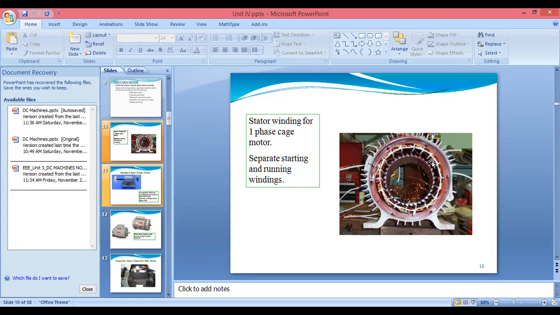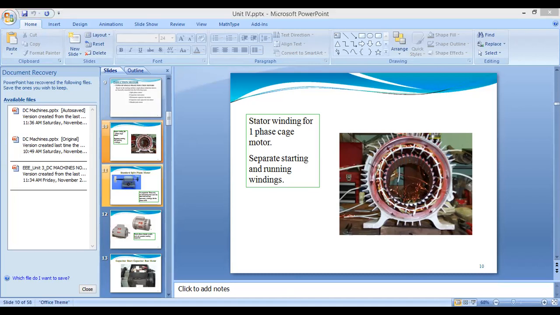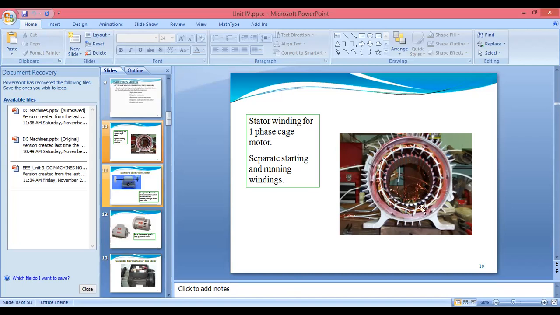About the stator frame, we can say it is the outermost covering of the AC machine. It acts as a covering and it will also give protection. It will give mechanical strength to all the internal parts of the AC machine. The same we have seen in the DC motor; the same thing is applicable here. The frame can be made up of die cast or fabricated steel.